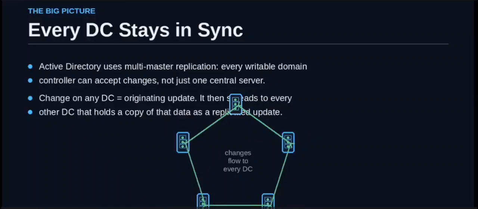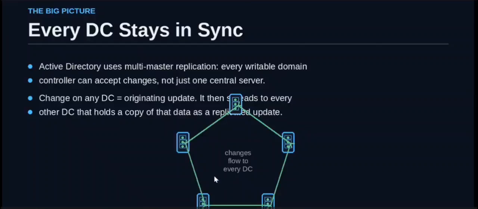For example, suppose you have 5 domain controllers, like DC1, DC2, DC3, DC4, and DC5. If an administrator creates a new user on DC1, that change does not stay only on that particular server. Instead, Active Directory automatically shares that change with all the other domain controllers like DC2, DC3, DC4, and DC5.